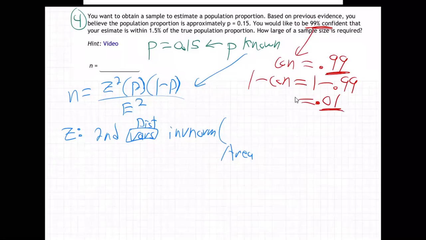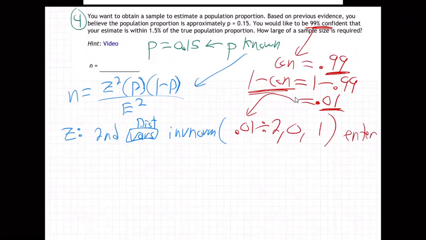It's always the opposite. So we go ahead and put in 0.01, that's the 1 minus the confidence divided by 2, comma 0, comma 1. So that's what we put into our inverse norm for the 3 spots, and then hit enter, and you'll get an answer.